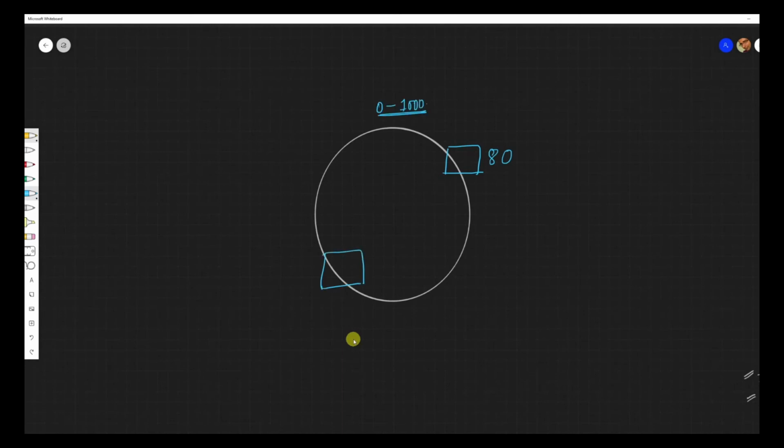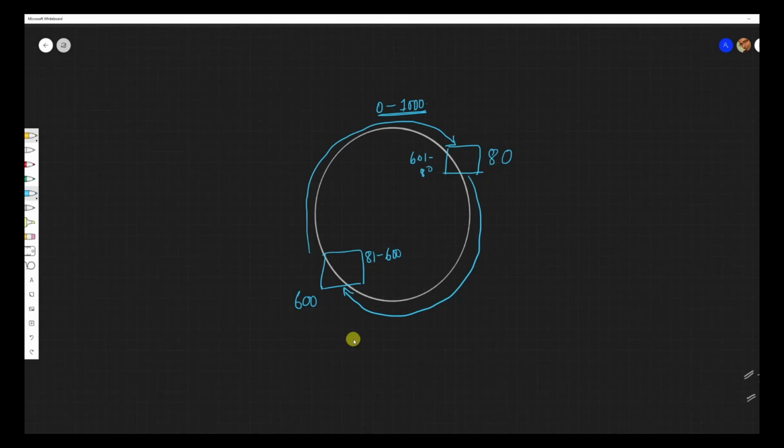Let's say the range is 1000. So the first machine is placed at 80 and the second is placed at, let's say, 600. So this machine over here is going to handle everything from 81 to 600, everything that lies over here, right? This guy is going to handle everything from 601 to 80, that is over here, right?